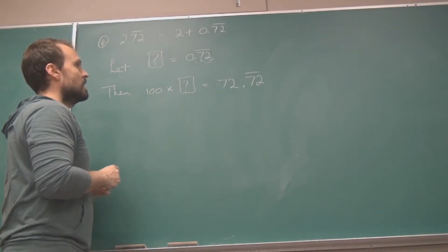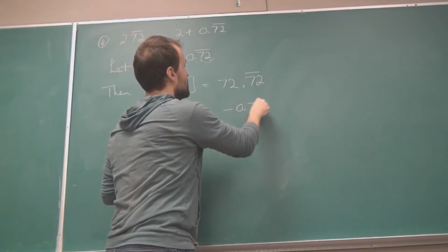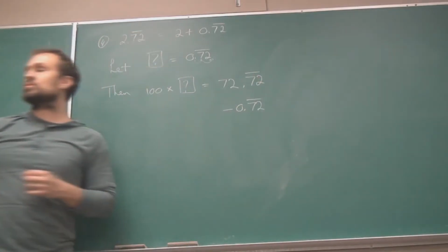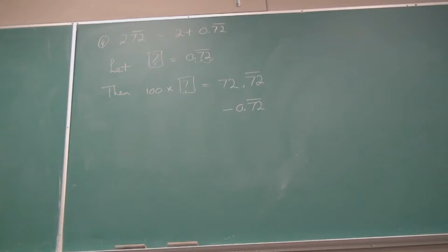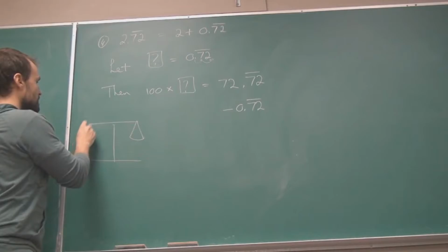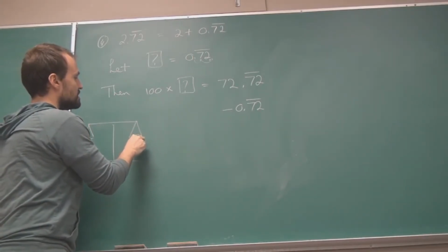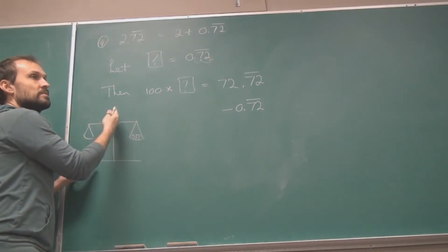All right? Now, here, what do I have to subtract to get rid of that decimal portion? Take it away. But think of it as a balance scale. That equality says I have balance in my scale. If I have little things here, and I take one away, now the scale tips.